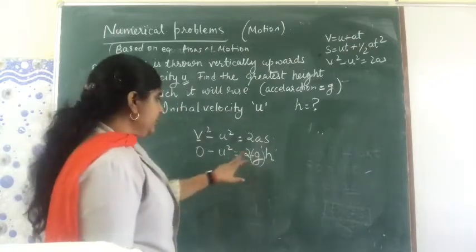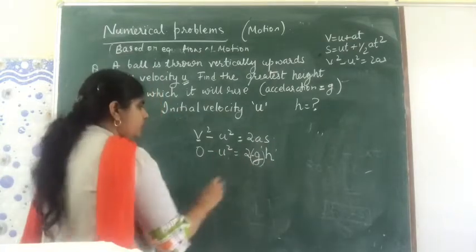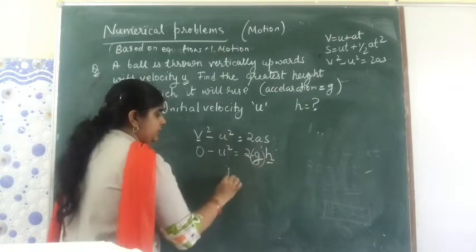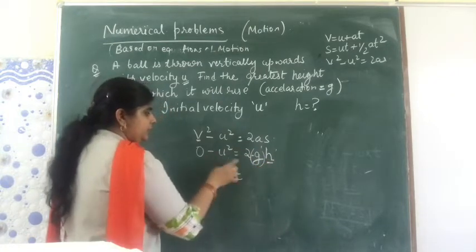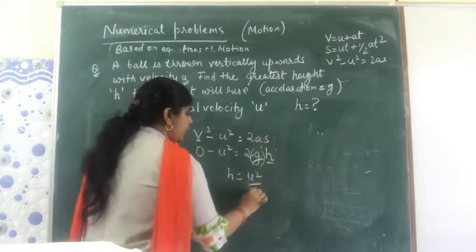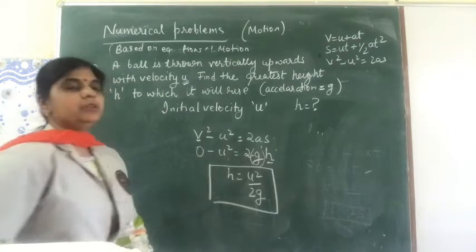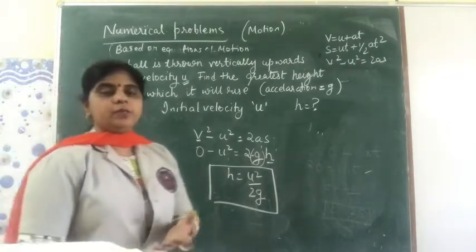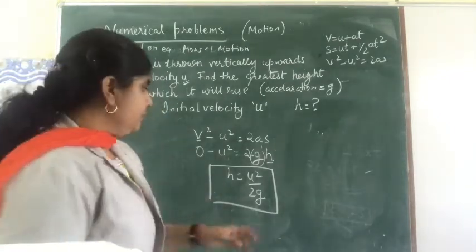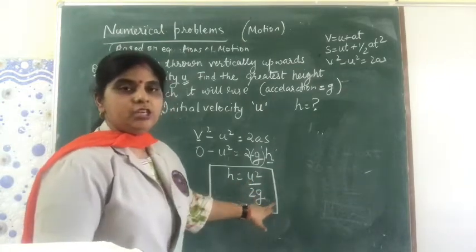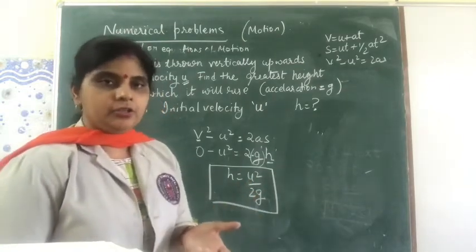So this negative and this negative will cancel. You have to find the height, so leave h here, and this becomes u square upon 2g. So the height attained when you throw an object with an initial speed u is given by u square upon 2g, where g is the acceleration due to gravity.